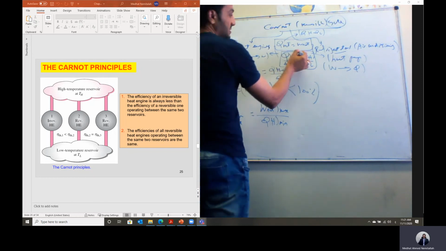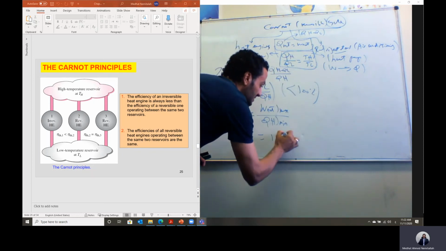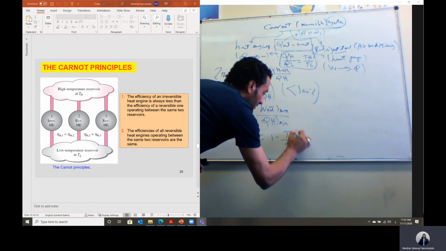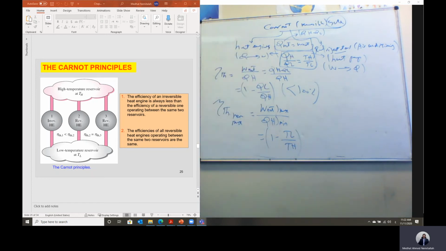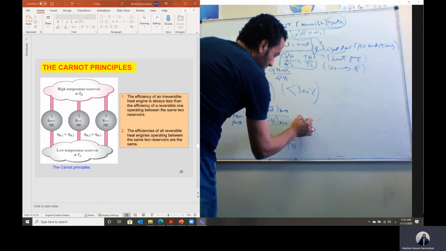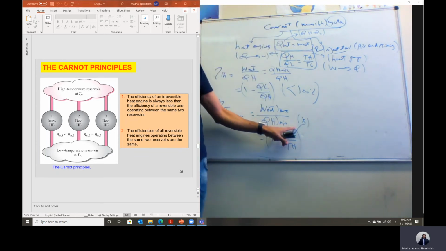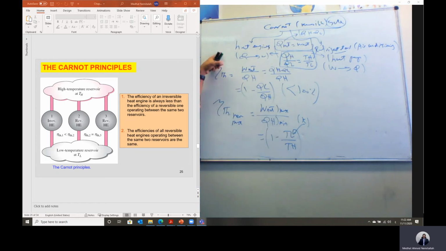In this case, we can just replace Q high over Q low by T high over T low. This relationship only applies for the maximum efficiency, and that equals 1 minus T low divided by T high. T low, in the case of a heat engine, is the temperature of the heat sink in which the condenser rejects the heat at low temperature.